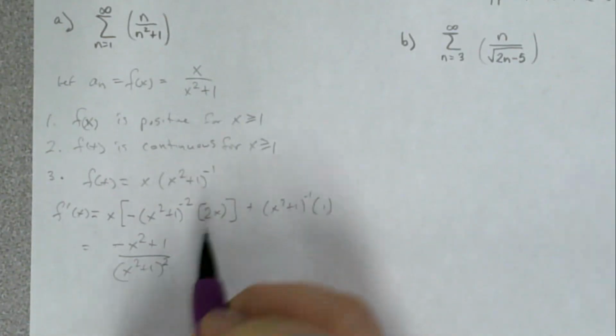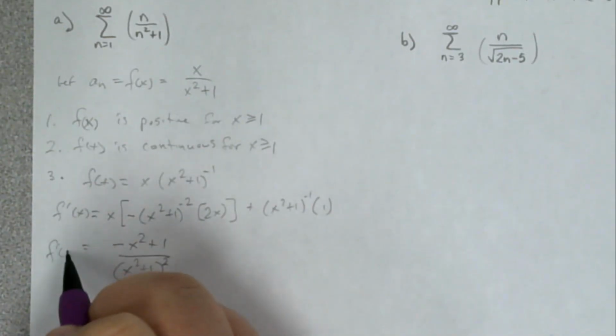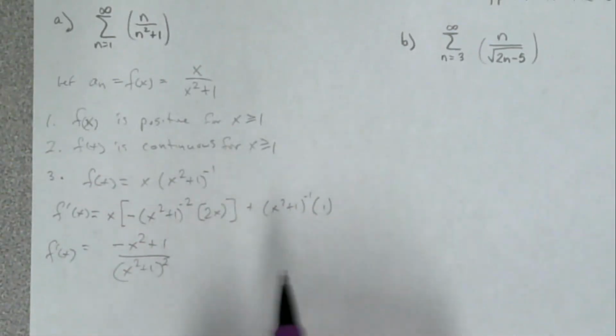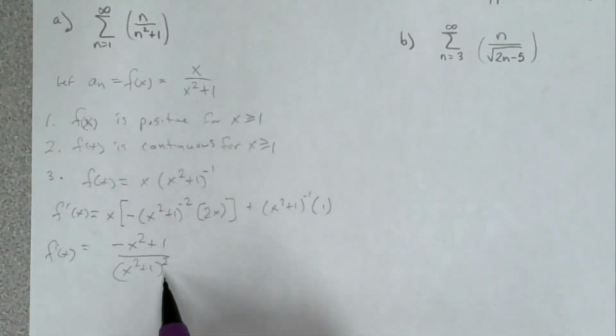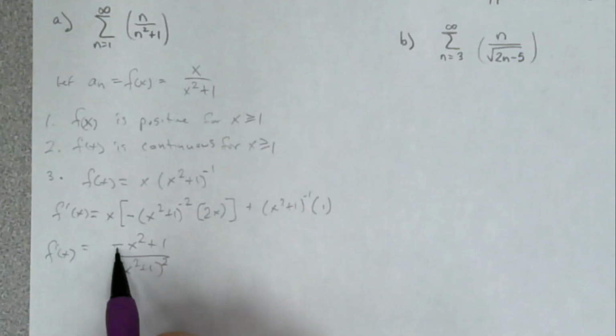So if f prime of x equals this, then I can see from here, for when x is greater than 1, the bottom will always be positive, but the top, because of that minus sign, is always going to be negative.